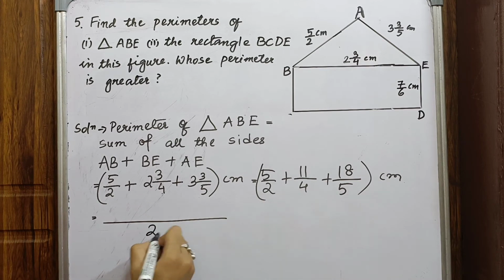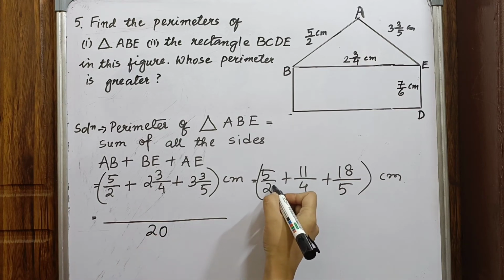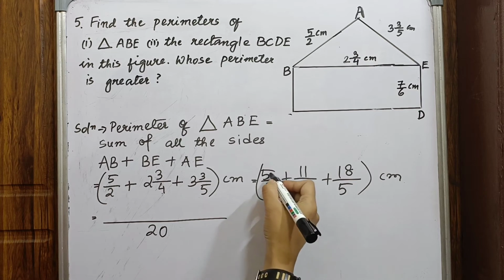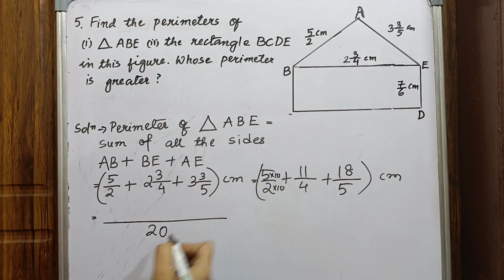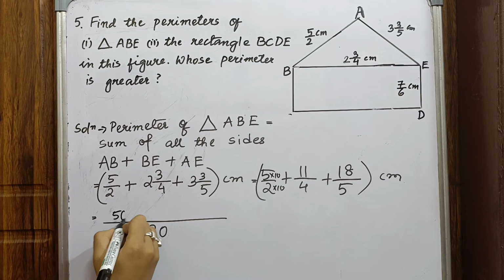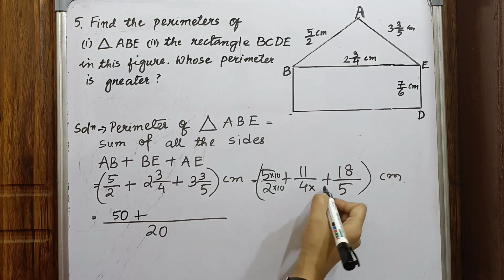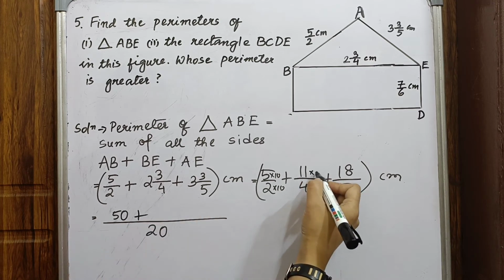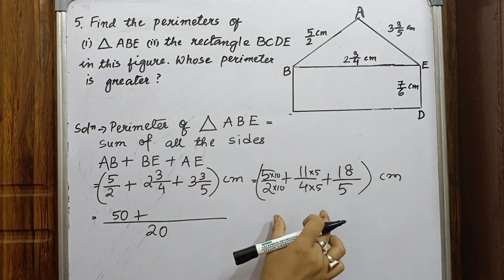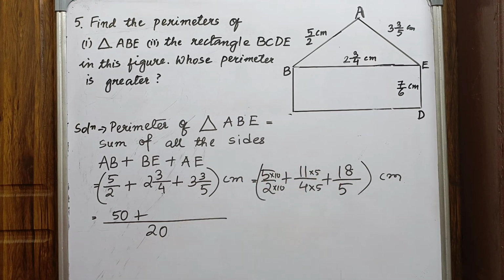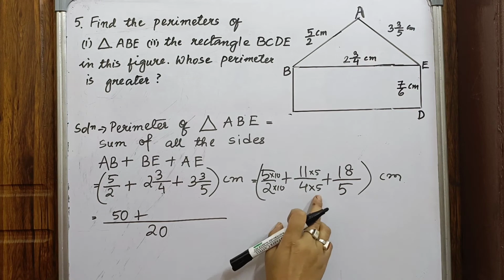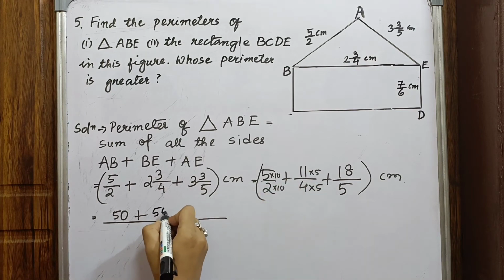The LCM is 20. 2 into how much is 20? 2 tens are 20, so numerator into 10. 50 plus 4 into how much is 20? 4 5s are 20, and 11 into 5 is 55. You don't need to write like this, it's just for your understanding.